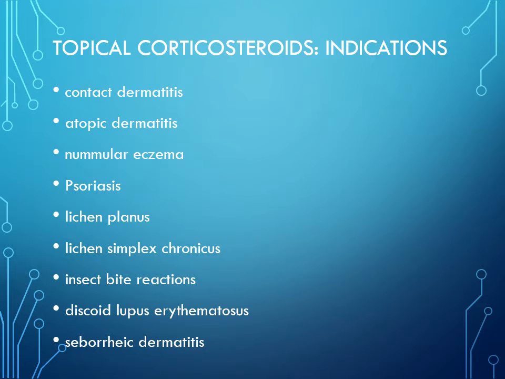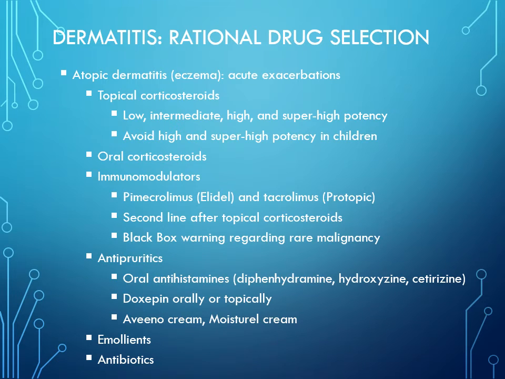So these are some of the indications for topical corticosteroids, and we'll look at some of these individually. Dermatitis: atopic dermatitis or eczematous dermatitis, or eczema as it's commonly called. We can use corticosteroids long-term.